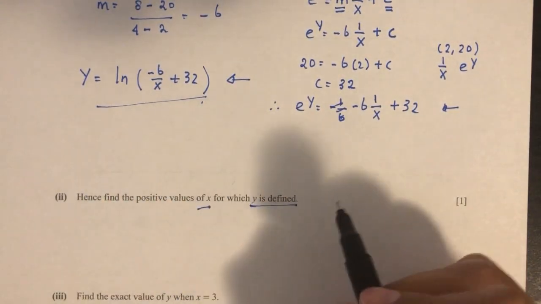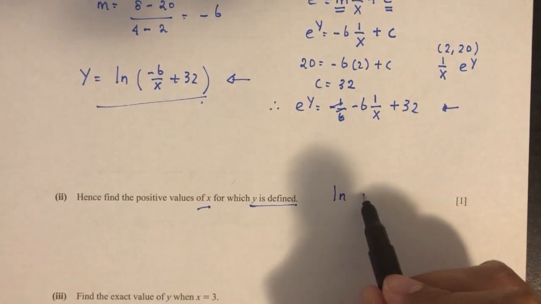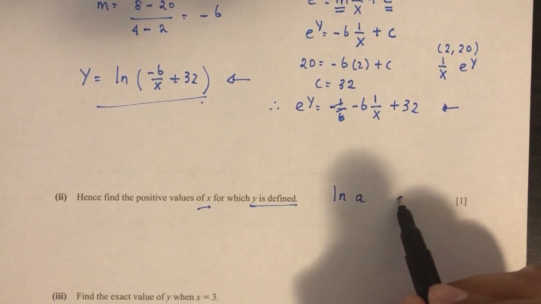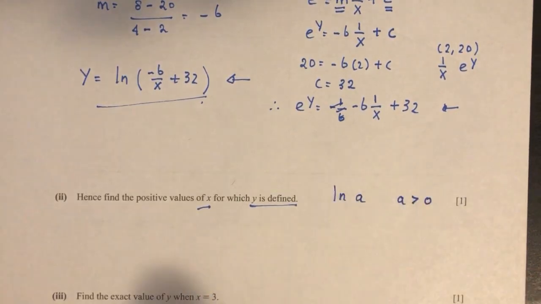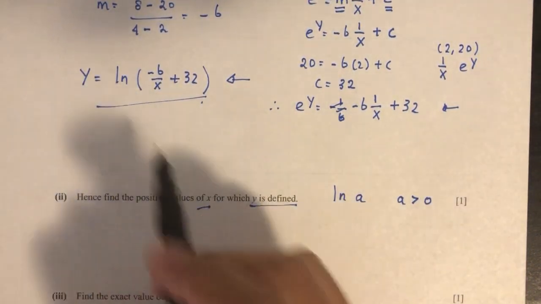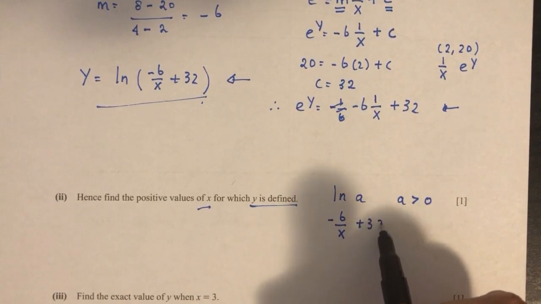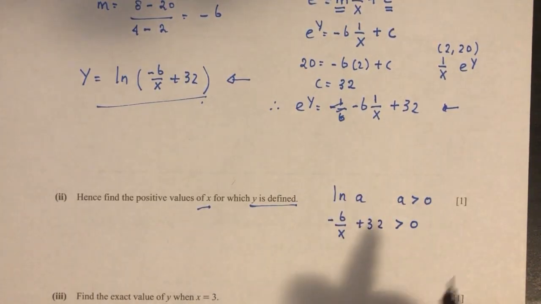So we know that ln, what values can ln take? Let's say I had a here. A needs to be bigger than 0. So let's find the positive value of x. So here a is equal to minus 6 over x plus 32, which needs to be bigger than 0.